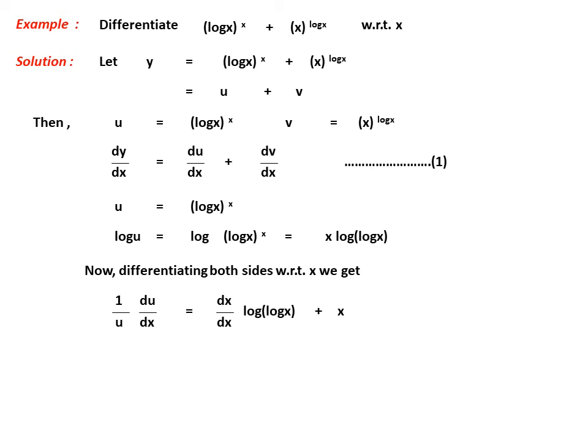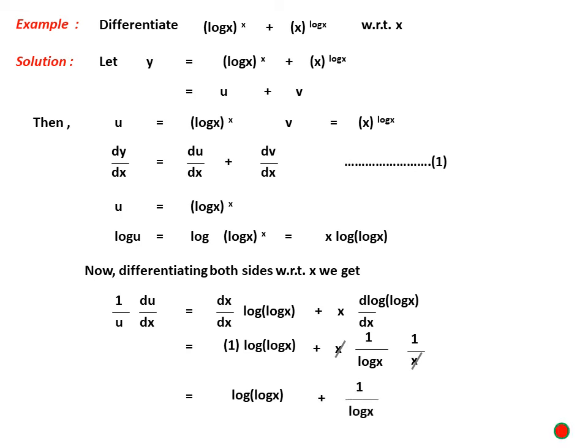That is the product rule: log x into 1 plus x into 1 by log x into 1 by x, because you have to use the chain rule carefully. Of course x can be cancelled.